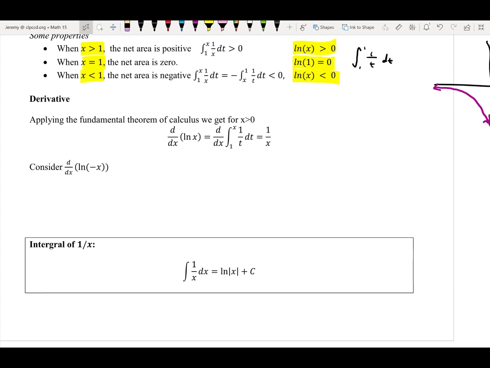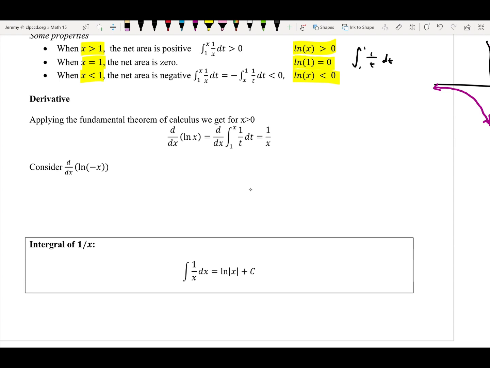So applying the fundamental theorem of calculus, we get for x is greater than or equal to 0, if we take the derivative of the natural log, because really we're trying to work towards being able to find a derivative and apply natural logarithms to evaluating integrals. That's sort of our goal here.